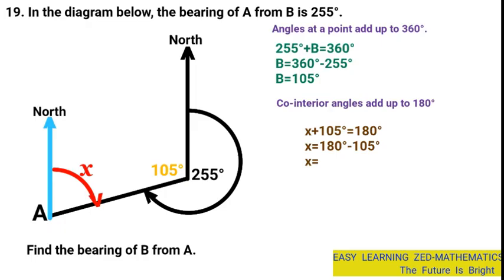So the bearing of B from A is equal to 75 degrees. Therefore, where there is X, I'm going to put 75 degrees. That is the bearing. So the answer examiners expected from you, cadence, was 75 degrees. Okay, so let's go to question number 20.